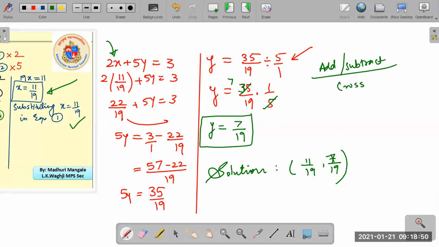Either you cross multiply or you can make the denominators same and then proceed, right? Make the denominators same.